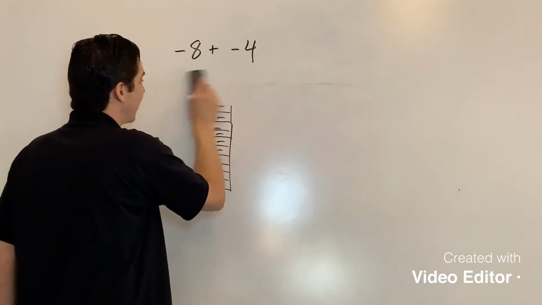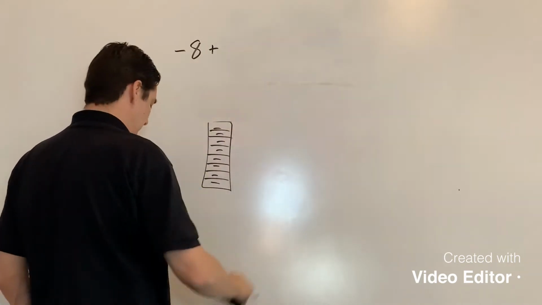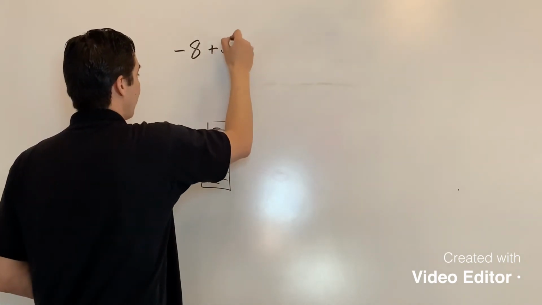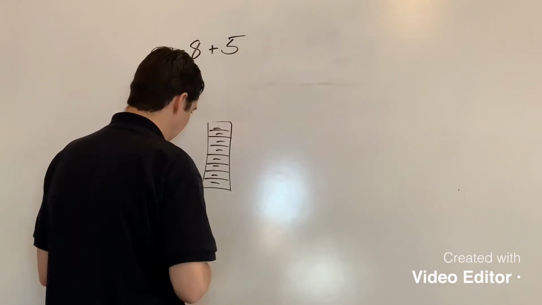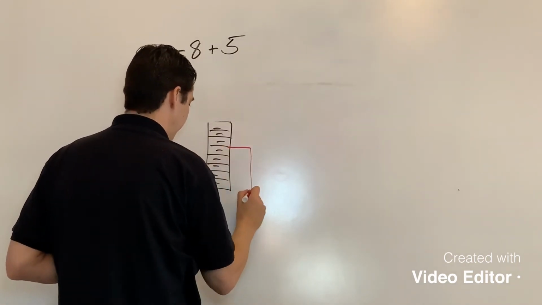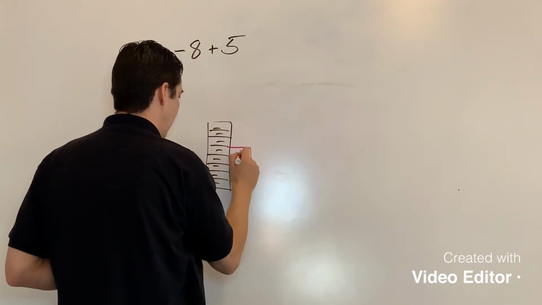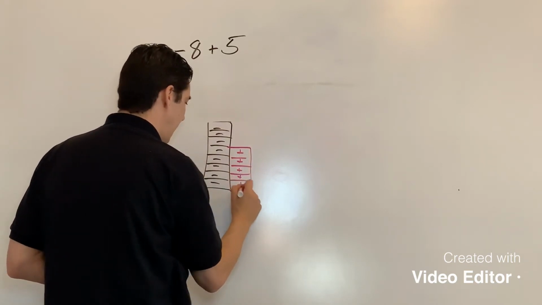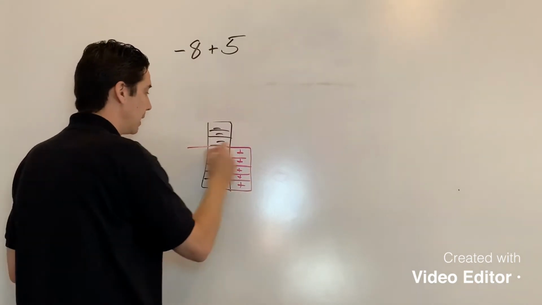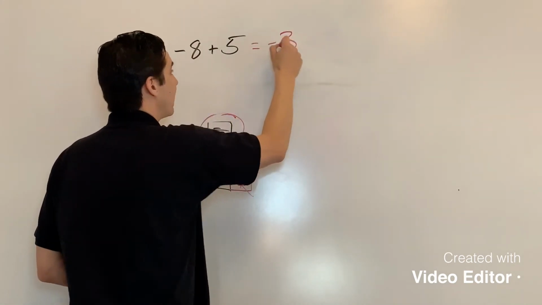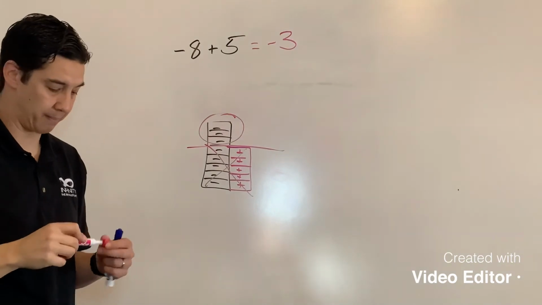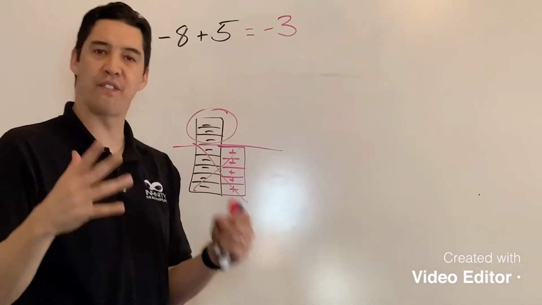But what if we have negative 8 plus 5? Well, now here's our 8 negatives. And here's our 5 positives. They all cancel out, and what are we left with? 3 negatives, or negative 3. Okay? Another way for you to visualize it.